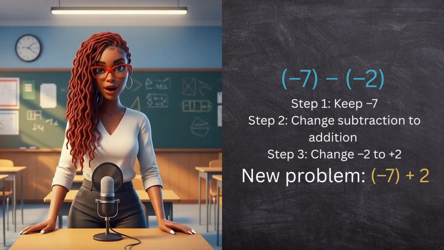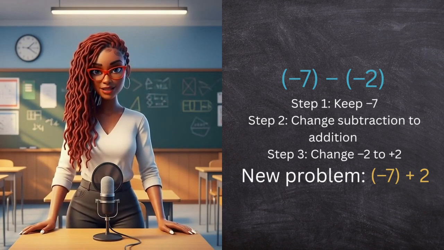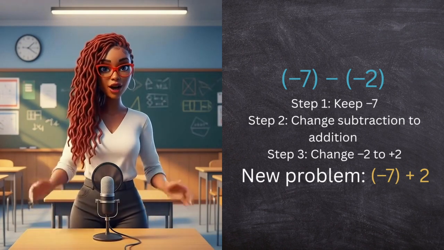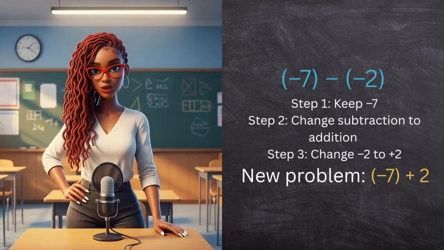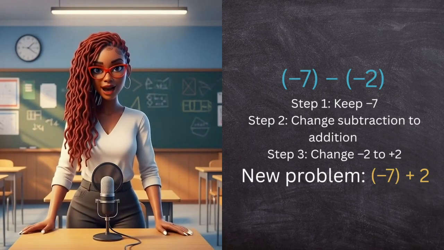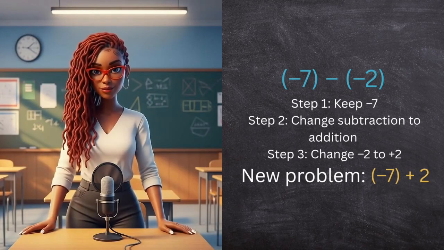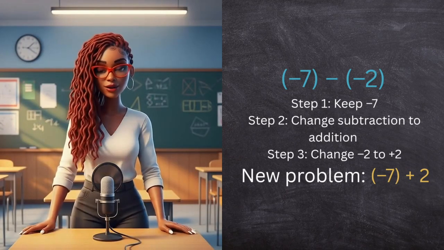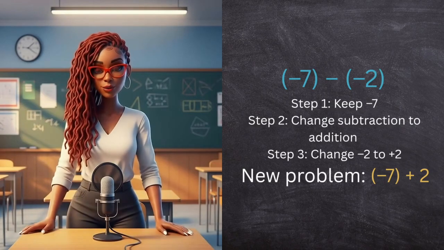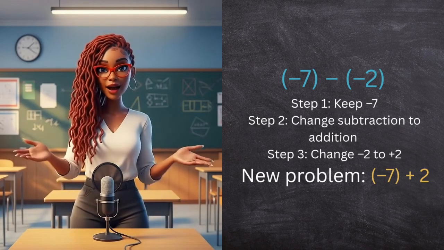Now your new problem reads -7 plus 2. And again, now you can just follow your rules for adding integers. The rules for adding integers say if your signs are different, subtract and keep the sign of the larger number. So a -7 plus 2 would be a -5.